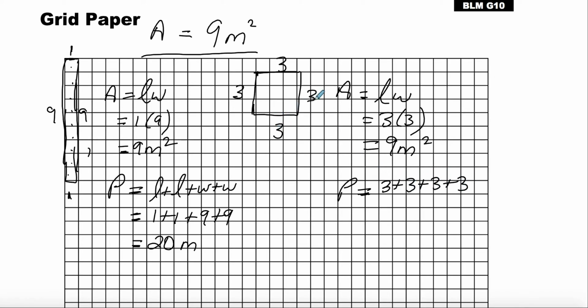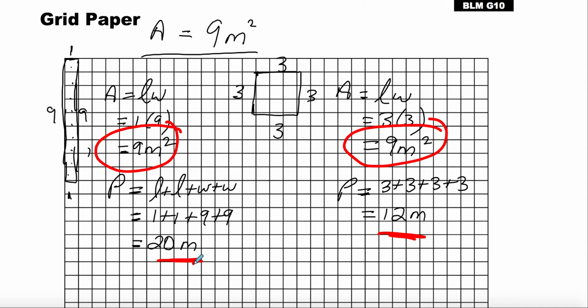So I have 2 lengths and 2 widths, and I add that up and I get 12 meters. Again, what you might notice is that the areas are the same for both of these. This area is 9, this area is 9 meters squared, but the perimeters are not the same. So that's what I want you to figure out.